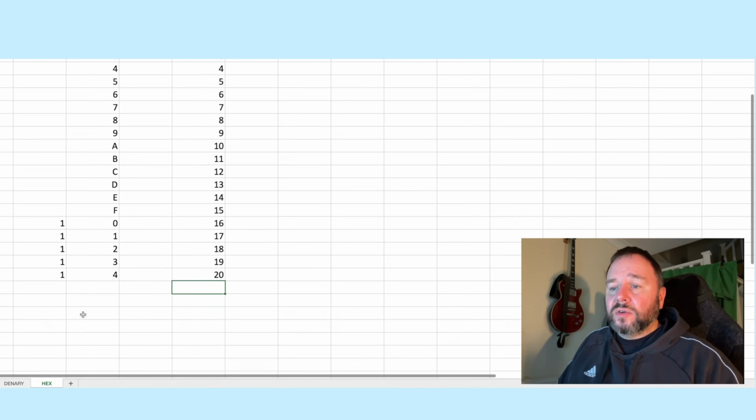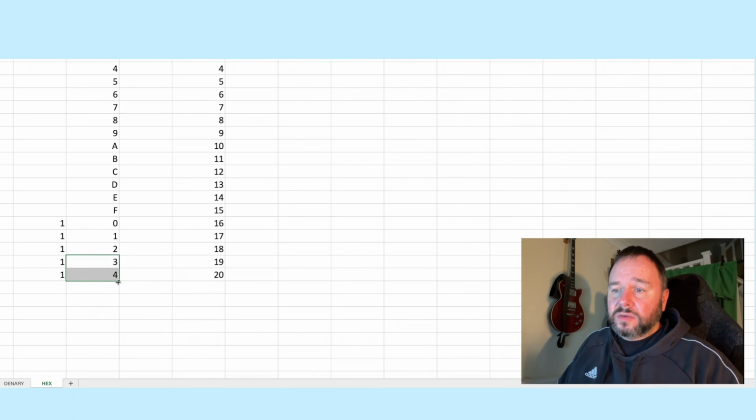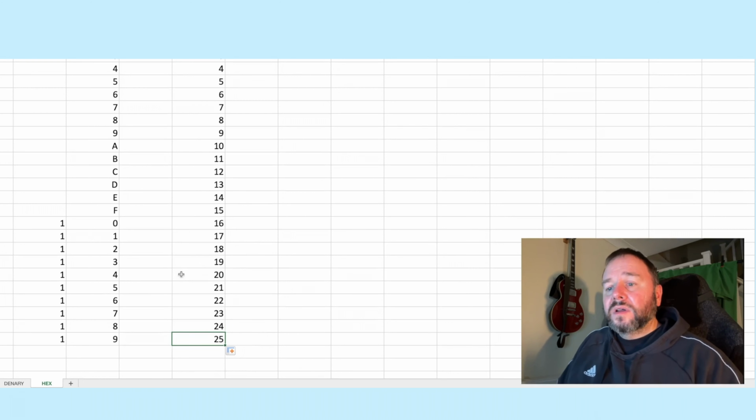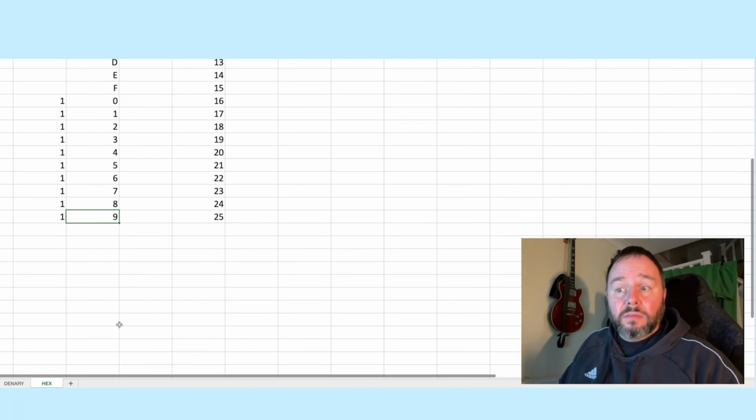What happens though when we get to this situation here, where we've got 1, 9. What is 1, 9? Well, it's 16 plus a 9. What do we do? Do we go into the next column? Say it out loud.